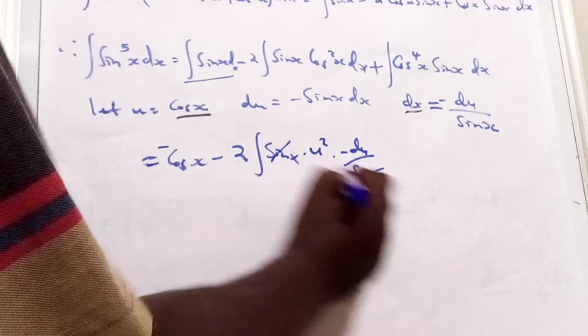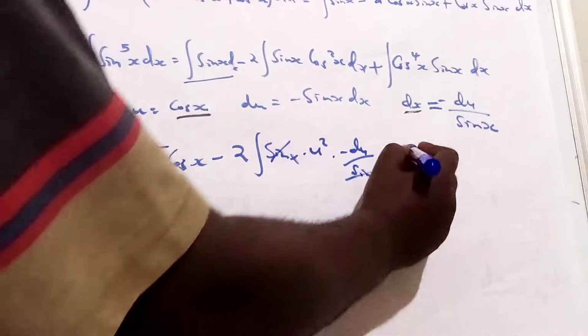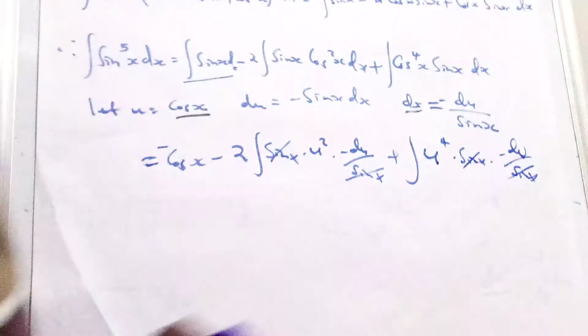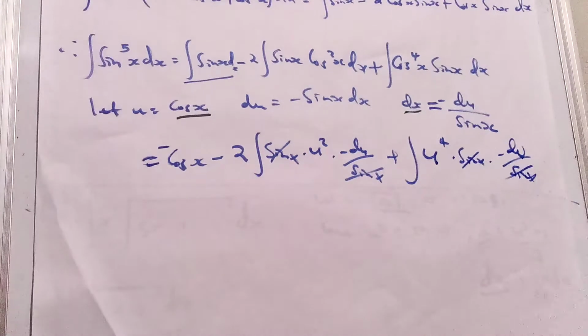So the sine x finds its way. And similarly here, integral u power 4 sine x times negative du over sine x. So sine x all the way finding its way.